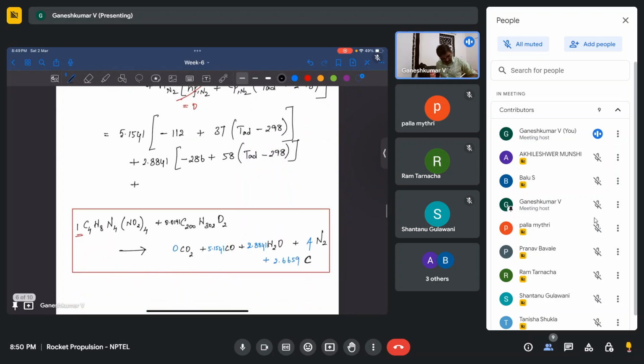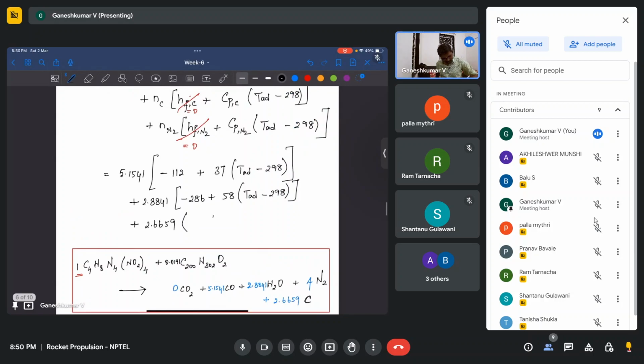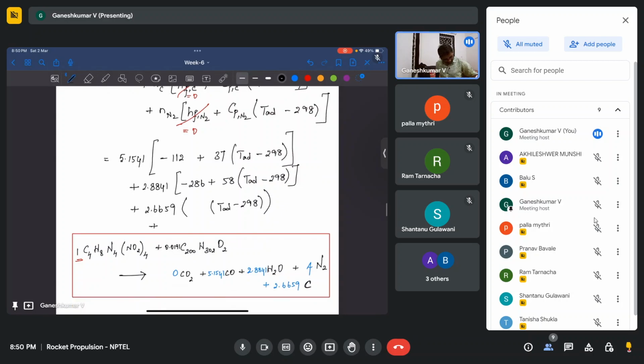And then you have the number of carbon atoms, which is 2.6659, into CP into T adiabatic minus 298, and then you have nitrogen atoms, which is 4, into some CP into T adiabatic minus 298.